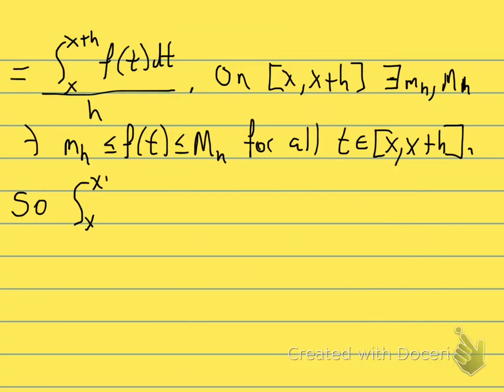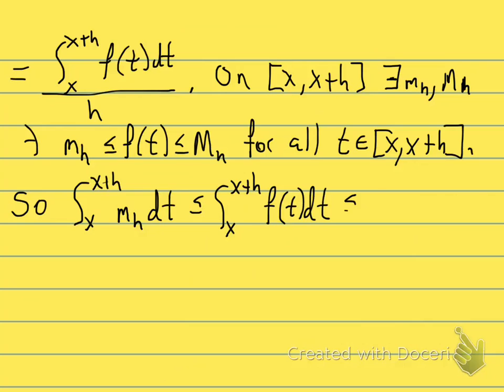So when I take the antiderivative of all three sides, the inequality is preserved. One thing to note is that little m of h and big M of h are just constants.